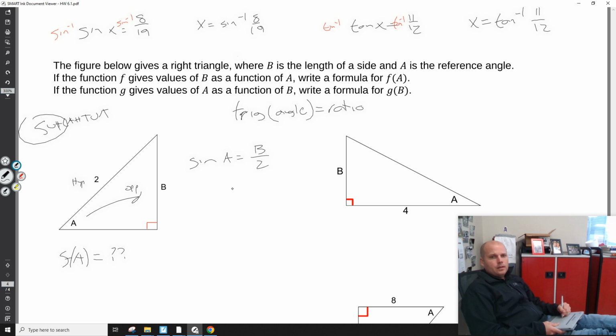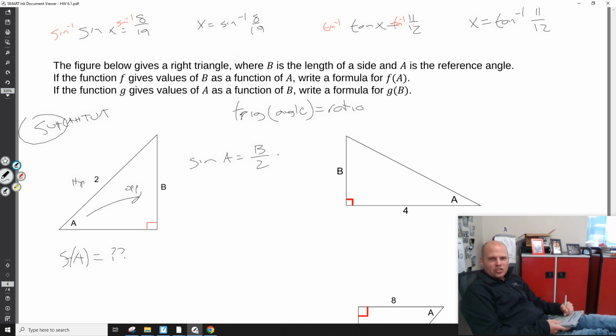Okay. Well, I want to be able to plug in A and get an answer for B kind of deal. Where it's like plug in A, do some stuff with it, get an answer, get an output.